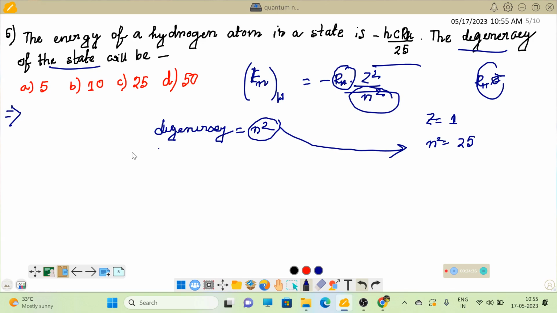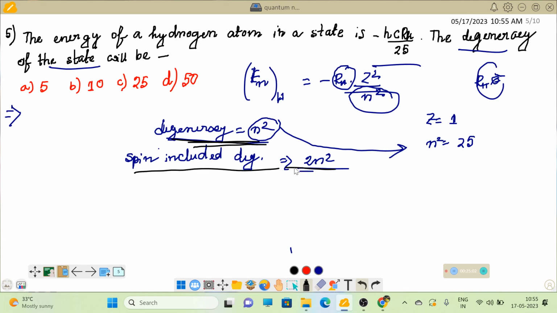But if they are asking for spin included degeneracy, that will be 2n square. Remember this. If they are asking about only degeneracy, it will be n square, but if the spin is included, then 2n square will be the answer. So here the answer is 25.